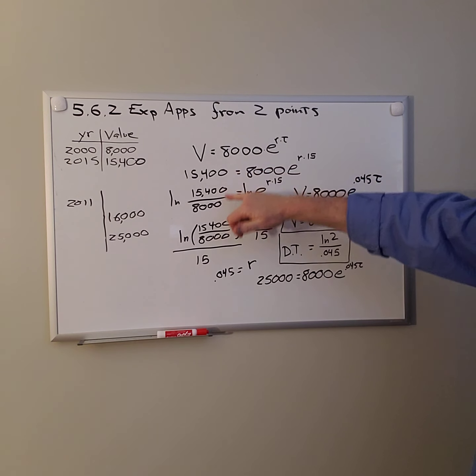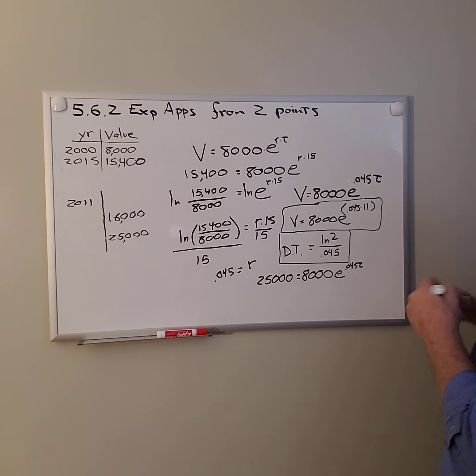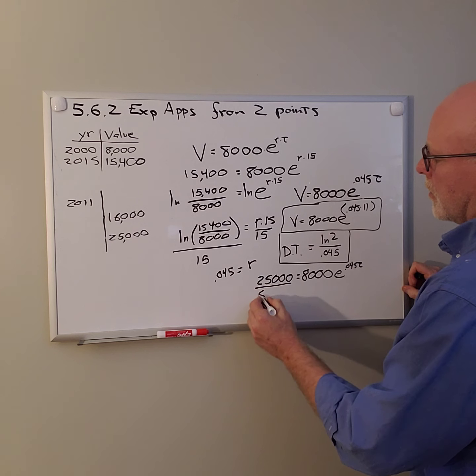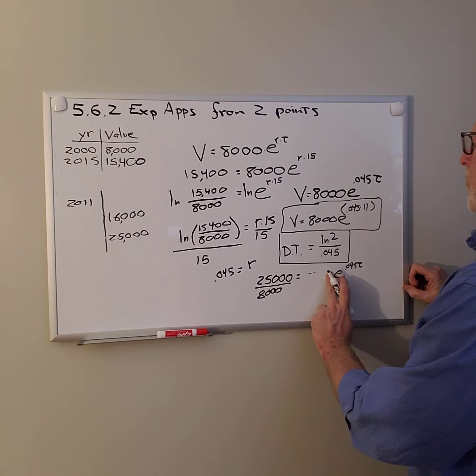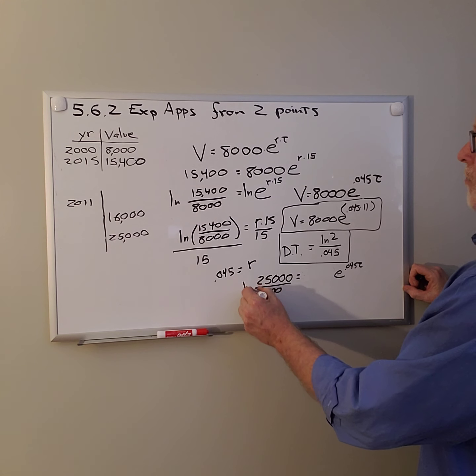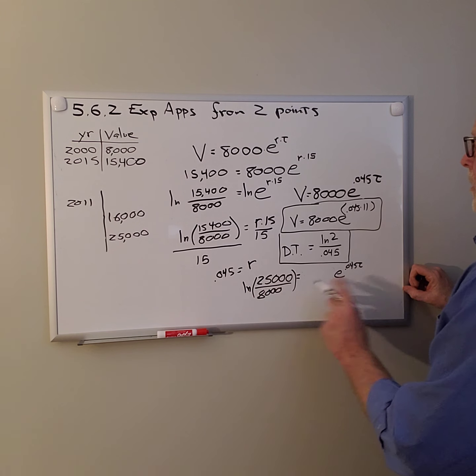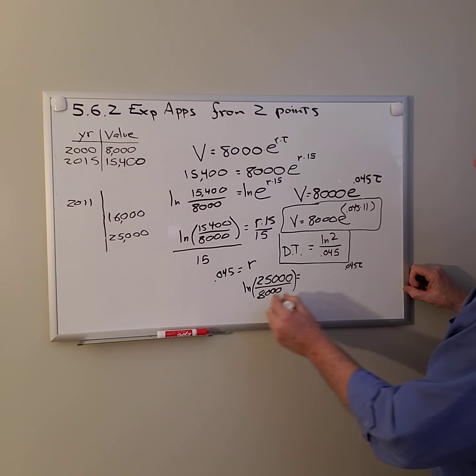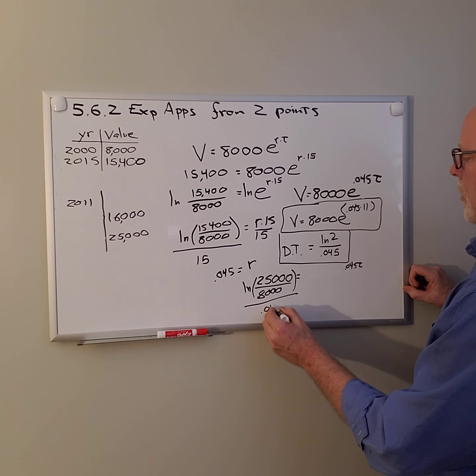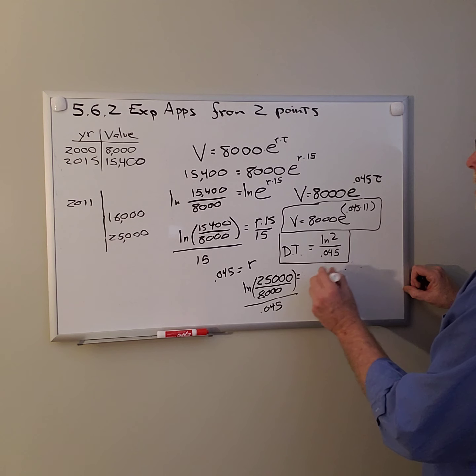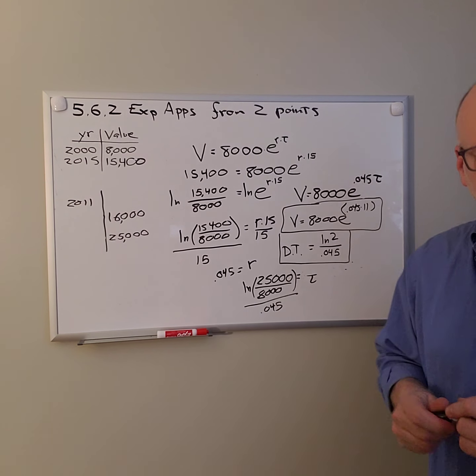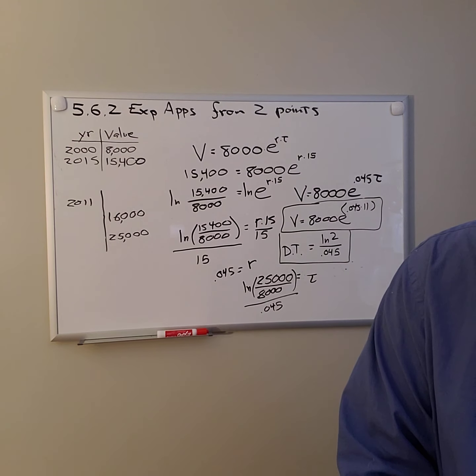And we can do exactly the same thing we did right here. Divide both sides by 8,000. That'll get rid of that. Take the natural log of both sides. That'll get rid of that. And then divide both sides by 0.045. And that will give us how long it will take for that car to get to that price.